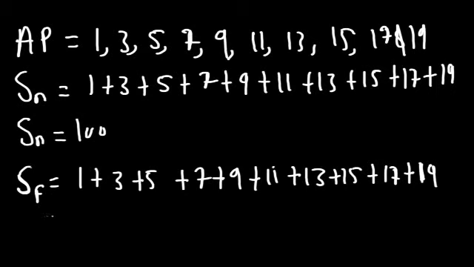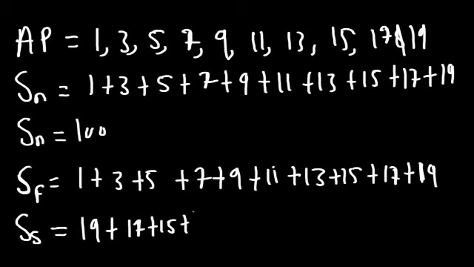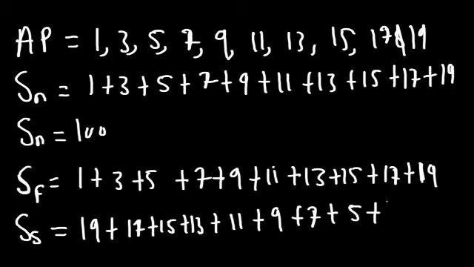I want to start from the last value, that is the last term, all the way to the first term. So S sub second will now be the other way around. That will be 19 plus 17 plus 15 plus 13 plus what next? That's 11 plus 9 plus 7 plus 5 plus 3 plus 1.